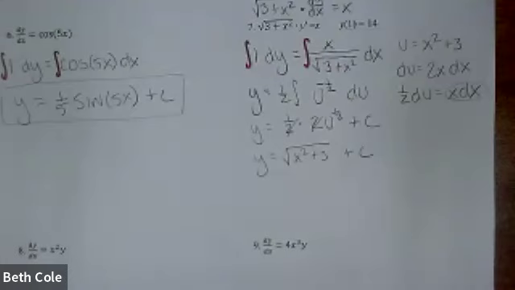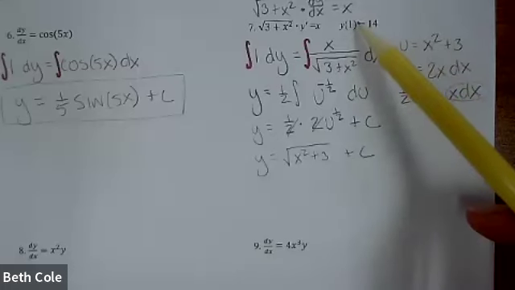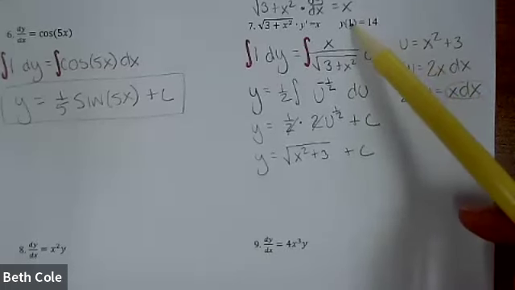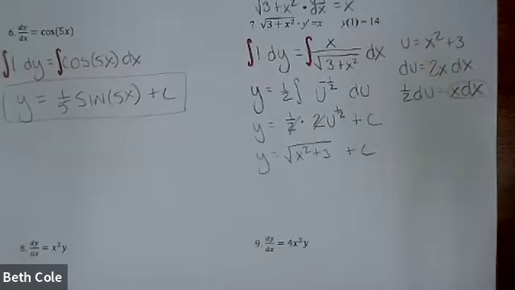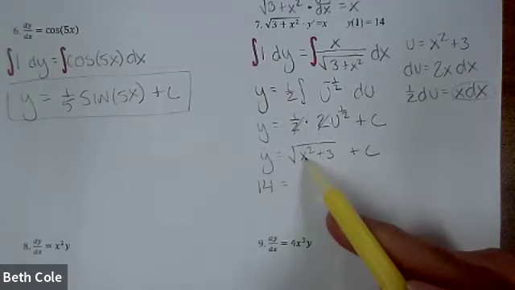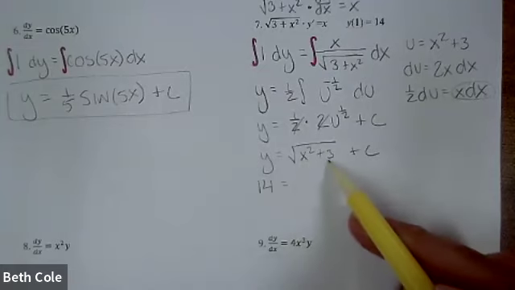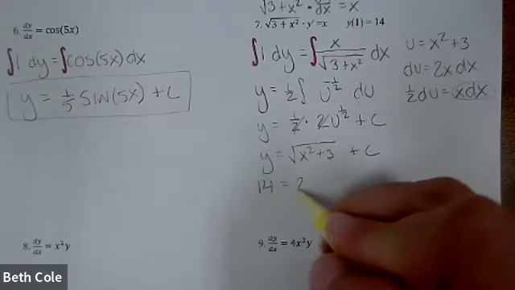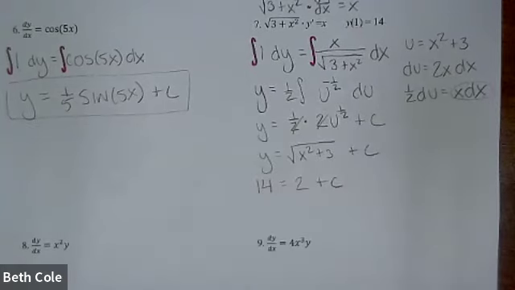You're going to use your initial condition. All right, so what was our initial condition? We're going to plug in 1 for x. It's not always 0. 1 for x and 14 for y. So let's see. 1 squared is 1, plus 3, 4, and then square root of 4 is 2, plus c.